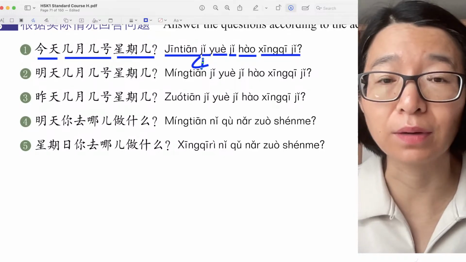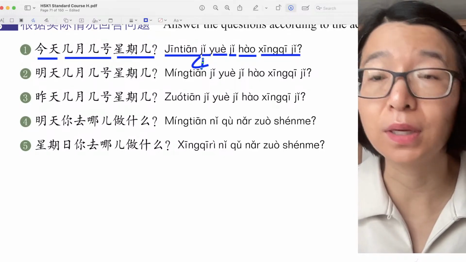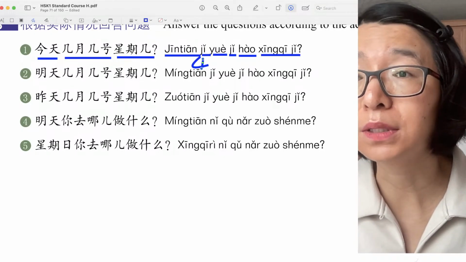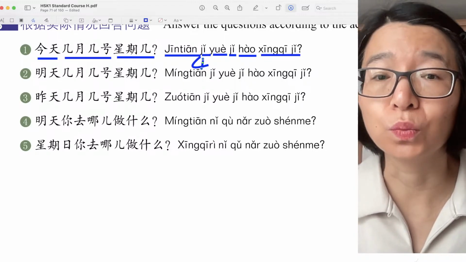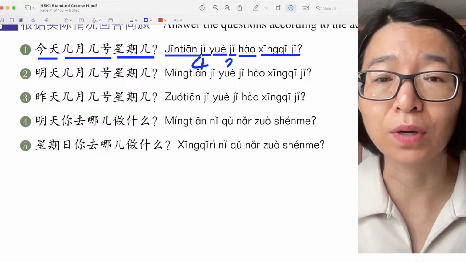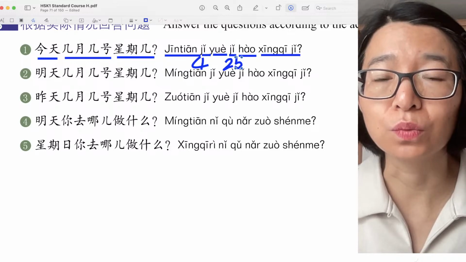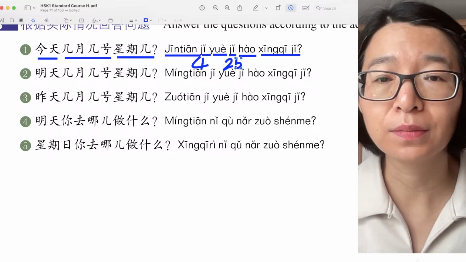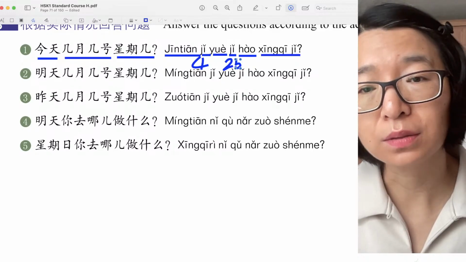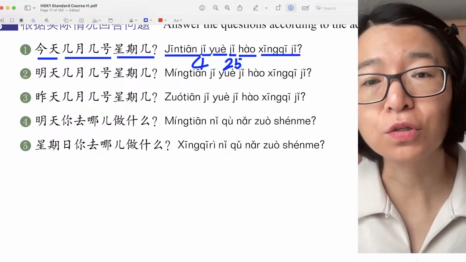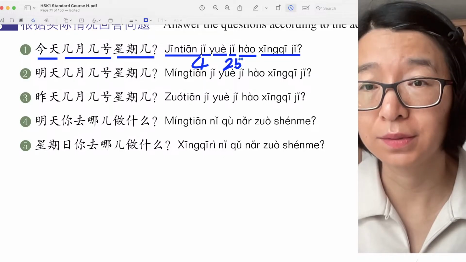You know the pinyin, right? 4. 今天4月. And 今天几号? 25. Okay, you know how to say number 25, right? 今天25.